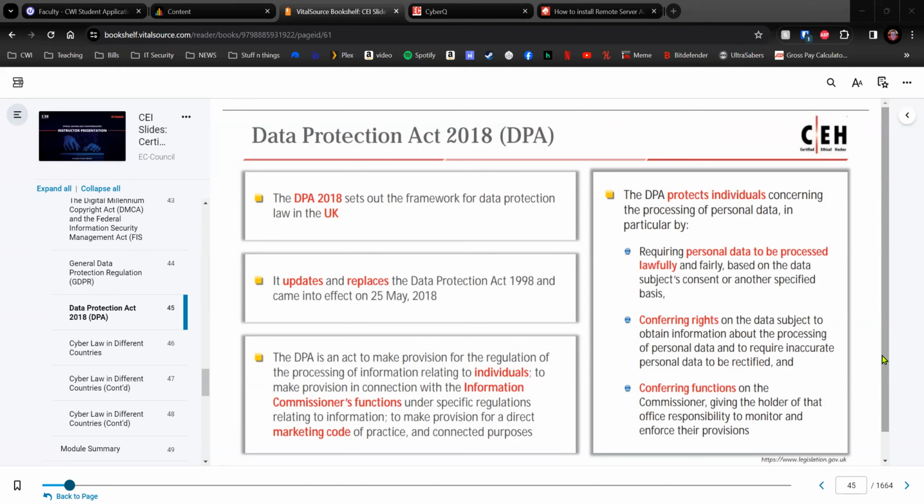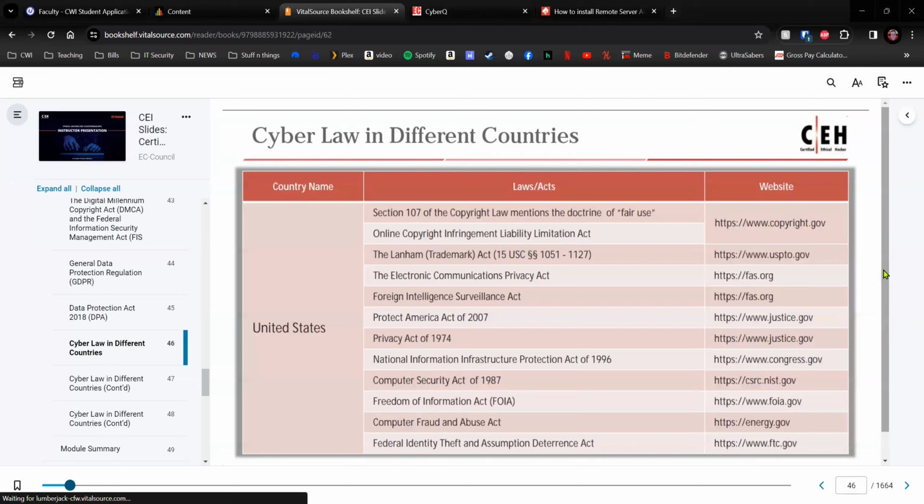And if anyone's ever had to deal with our credit bureaus, it's very difficult to get inaccurate personal data rectified in the United States. It's difficult to find it. Then it's also very difficult to get it removed. Yeah, that's why identity theft is the bane of existence in the US.